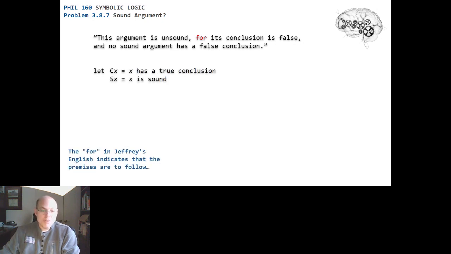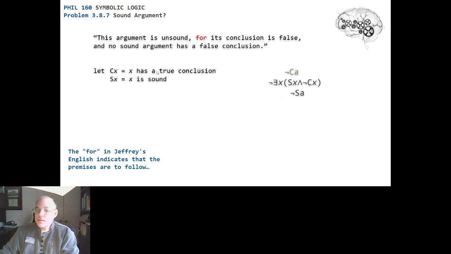In Jeffrey's parlance, the "for" tells us where to look for the premises, and the conclusion is ahead of the "for." So we're going to let CX mean X has a true conclusion, and SX mean X is sound.